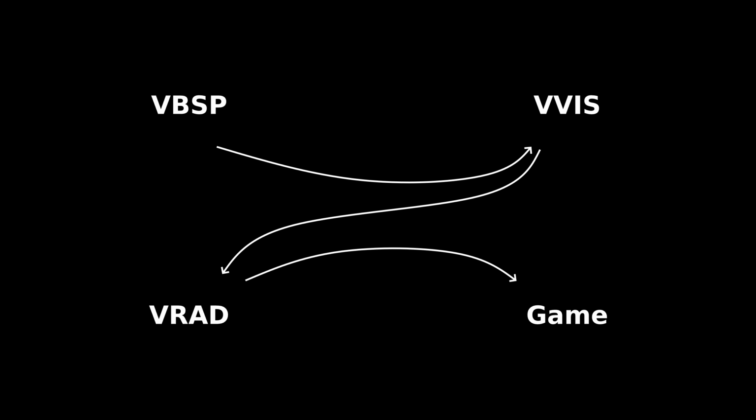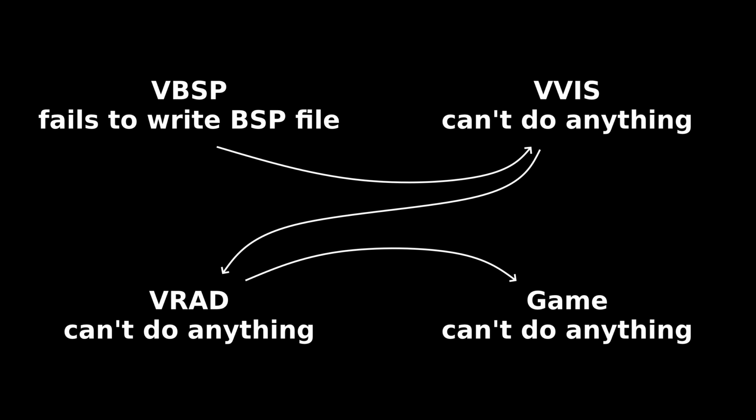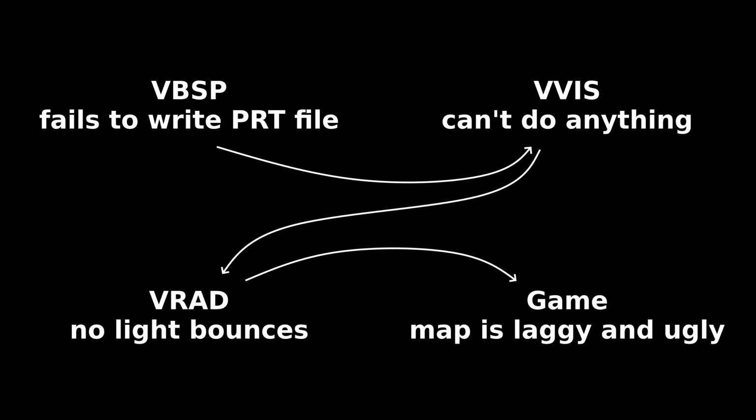Why are leaks bad? First and foremost, VBSP post-leak detection, VVIS, VRAD, and the game engine itself are all operating under the assumption that your map is sealed. By breaking that assumption, things will naturally not work right. VBSP may fail to create a BSP file entirely, or it may fail to create the PRT file, meaning VVIS can't optimize visibility and VRAD can't bounce light.